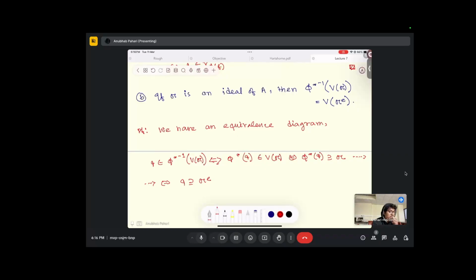Because phi star Q means what? Phi inverse of Q, and phi of phi inverse of Q contains phi of A, and phi of A is contained in Q, so Q contains A extension, and this means that Q belongs to V of phi of A extension.